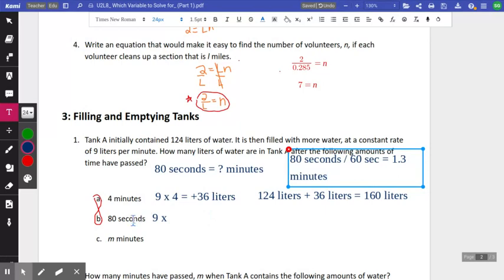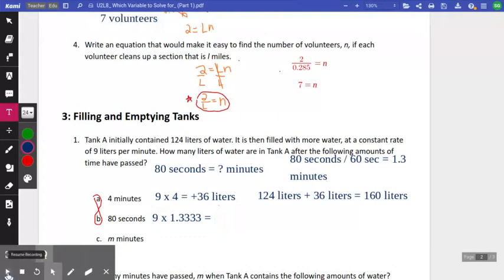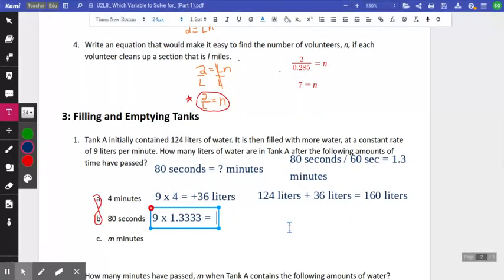So when it comes to calculating how much total water is in that tank, I'm taking the 9 liters per minute, and I'm going to be multiplying it by 1.3 minutes. That's like a 1.33 repeating too. 9 times that 1.333 repeating is going to give us 12. And then don't forget, we still need to add in the original liters of water, which would end up giving us 136 liters.